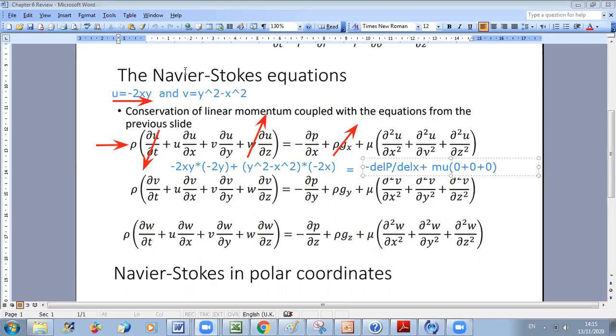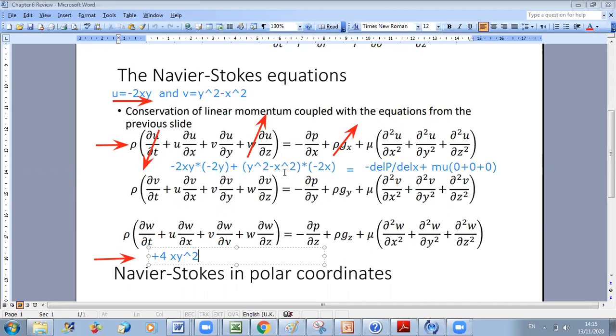Okay, so now what do I have? If I write my equation here, let me continue the development here. I will do minus 2xy times minus 2y, so I will get plus 4 times x times y squared.